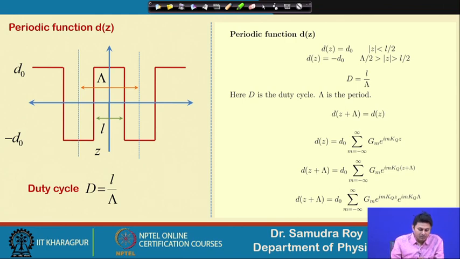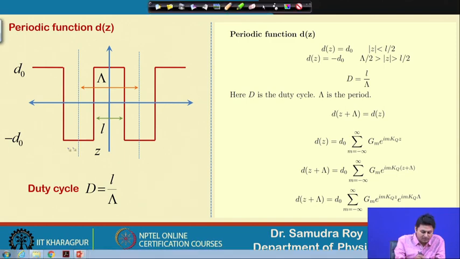So, let us try to understand this D function first. Here we plot D as a function of z. This is the period from this point to this point, and this period is lambda. You can see that this particular structure is there for the right hand side and left hand side.